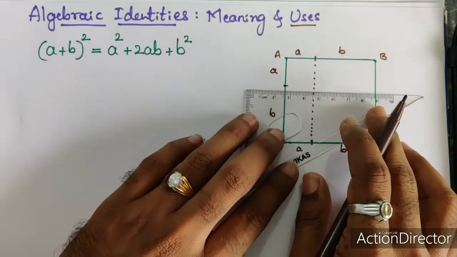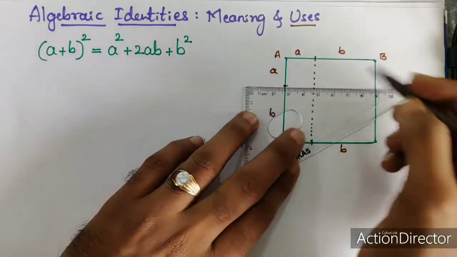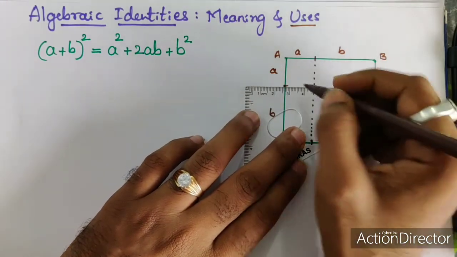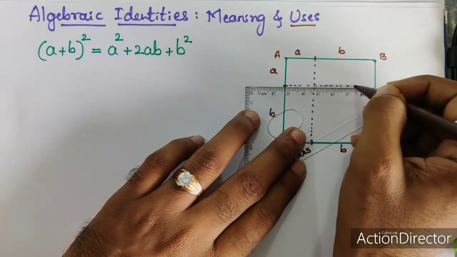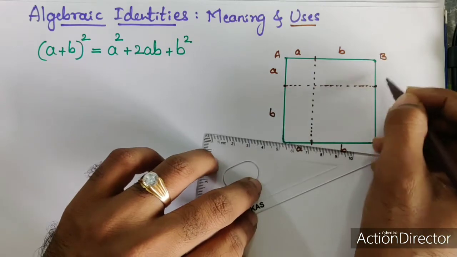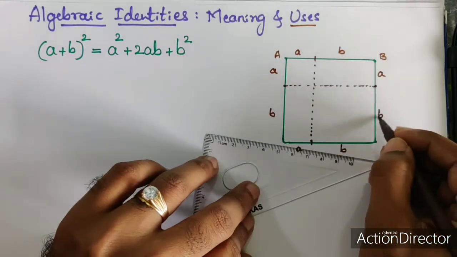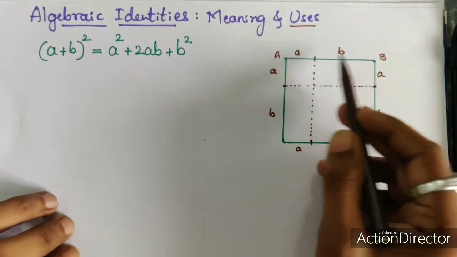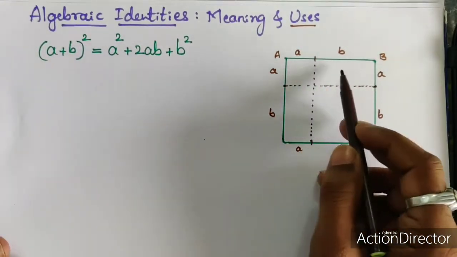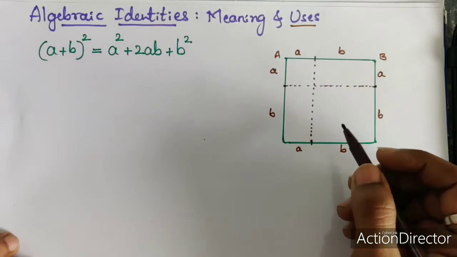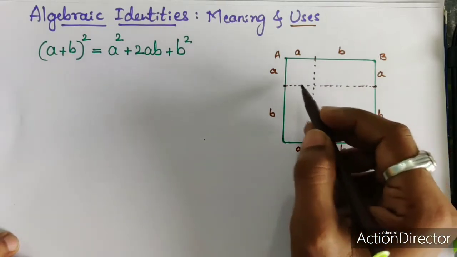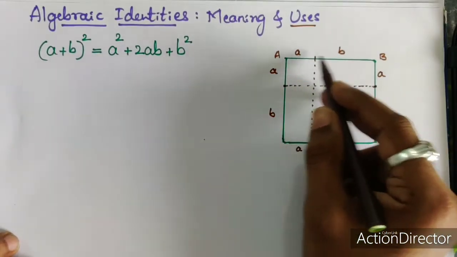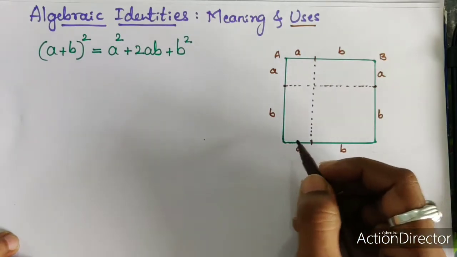In the same way, if you divide this side also, this should represent a and this should represent b. Now you see the big square is divided into 4 parts, 4 different areas. When you mix all these 4 areas, you get the area of this square.